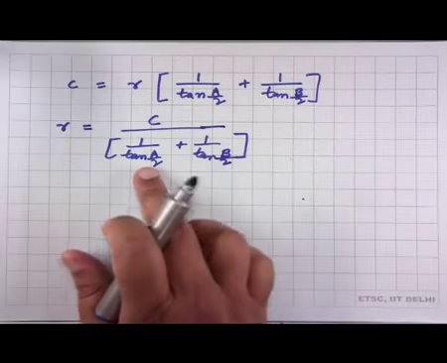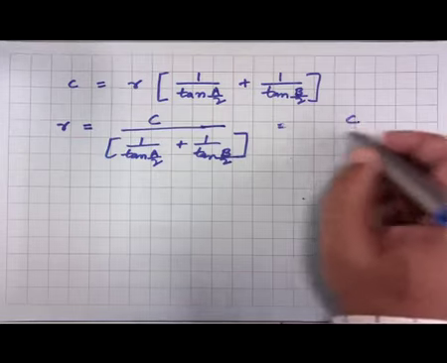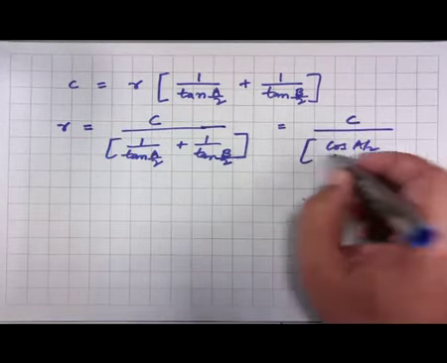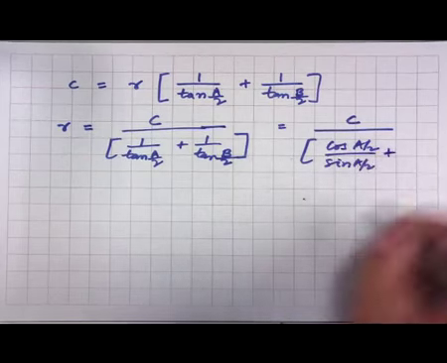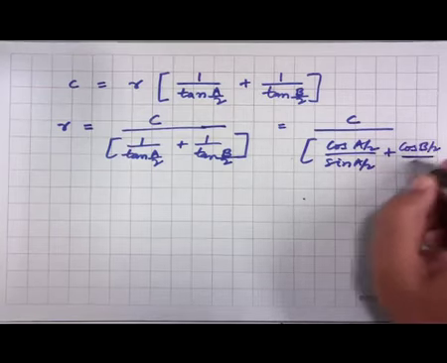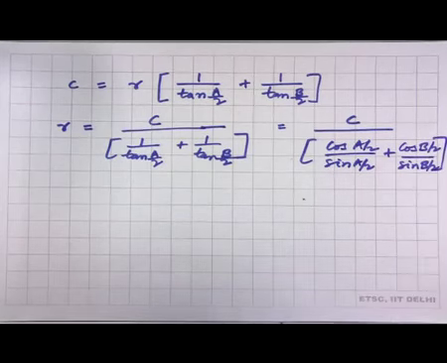So that is what we can put here. This can in fact also be written as c upon cos A by 2 by sine A by 2 plus cos B by 2 by sine B by 2.